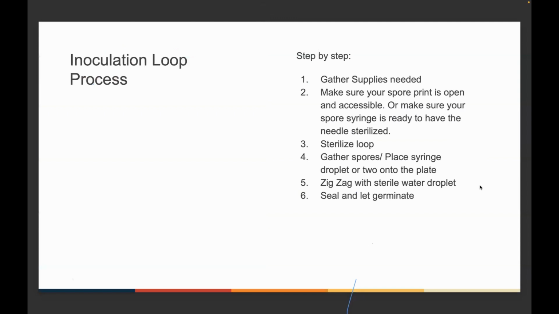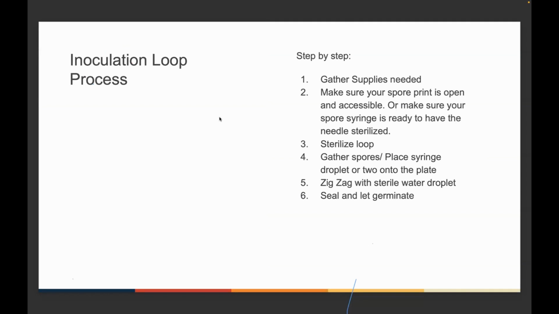All right, inoculation loop. I think I have a missing photo here. Anyways, inoculation loops are really commonly used for like spores. You can scrape spores off. They're really old school. You don't really need them. You guys can use your scalpel blade and scrape spores off from a spore print. It just depends on how sterile you have to be.